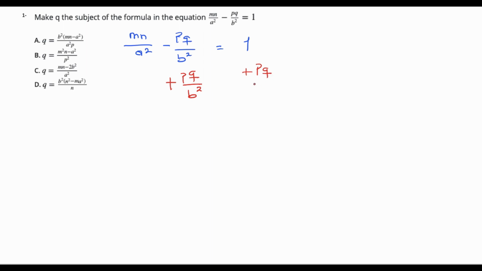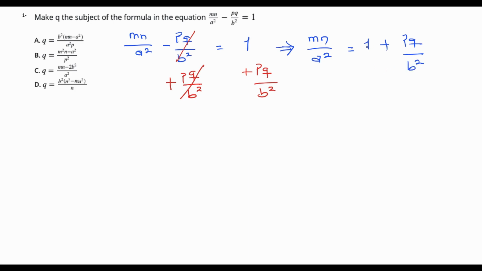So we have plus pq over b squared. So if we do that, this cancels out this, and on this side we have 1 plus pq over b squared. So our equation becomes mn over a squared equals 1 plus pq over b squared.